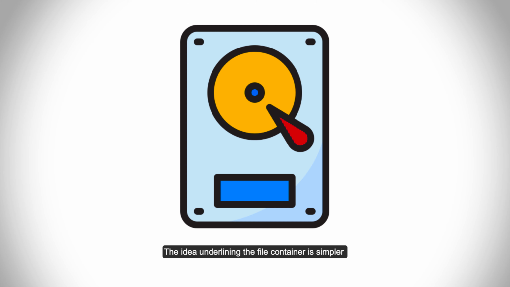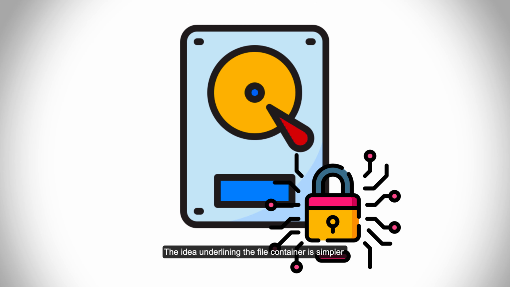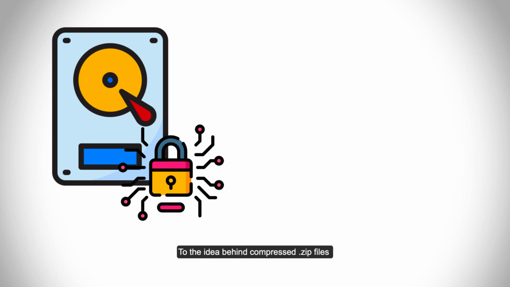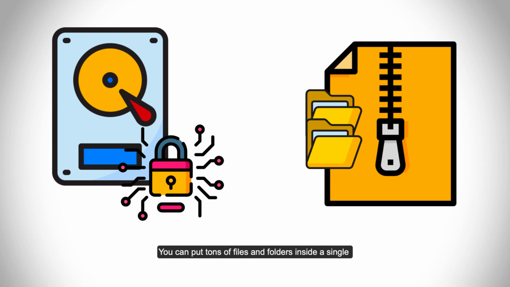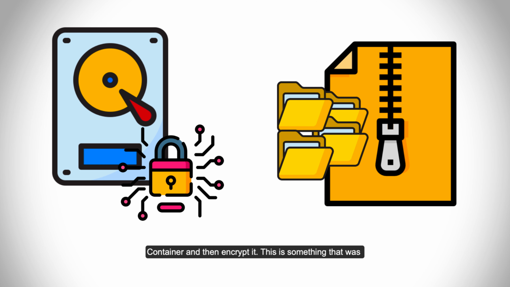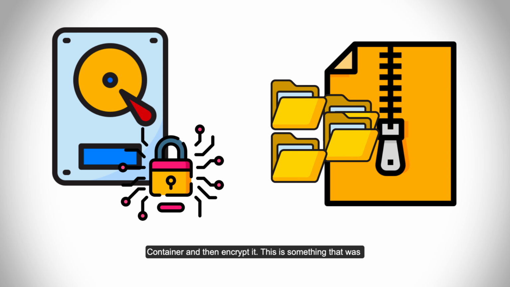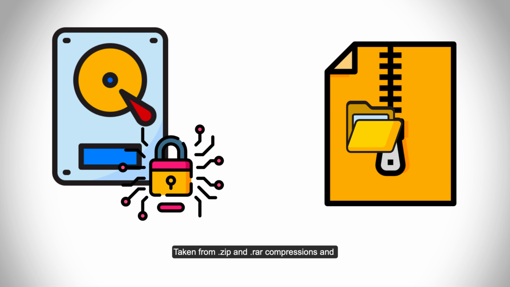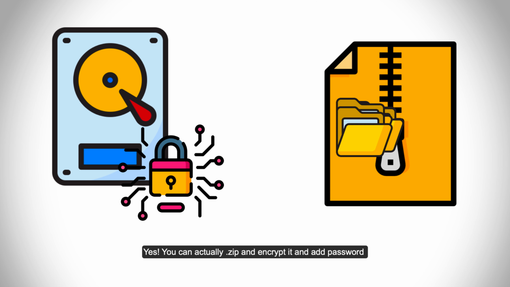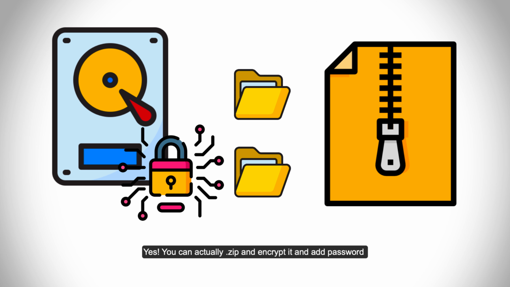The idea underlying the file container is similar to the idea behind compressed .zip files. So you can put tons of files and folders inside a single container and then encrypt it. This is something that was taken from .zip and .rar compressions, and yes, you can actually use .zip and encrypt it and add passwords to it.